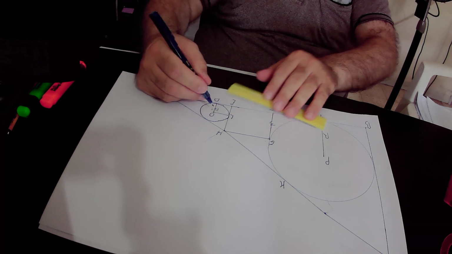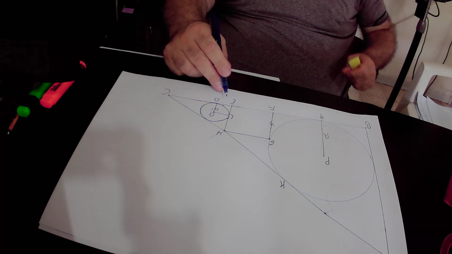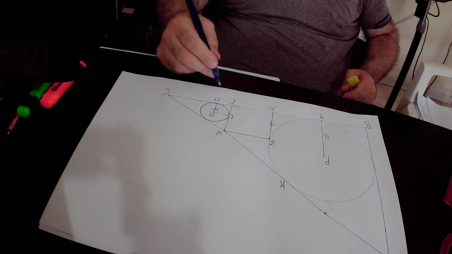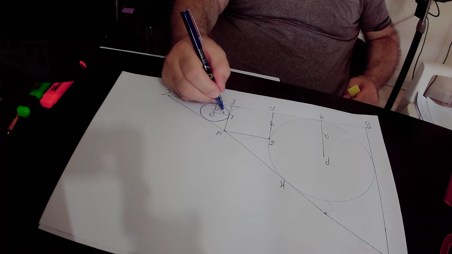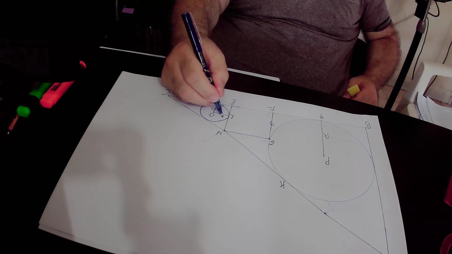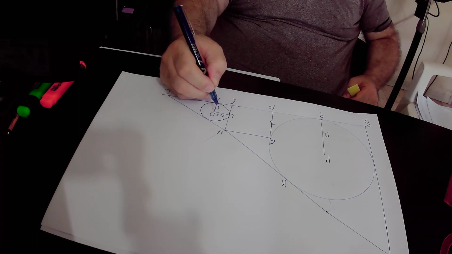Point O is the center of the circle. Point L is the point of the circle itself. Therefore, OL is the radius of the small circle that is equal to 1. So R equals 1.